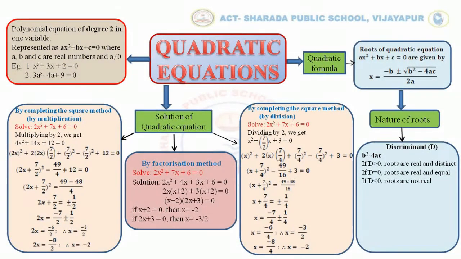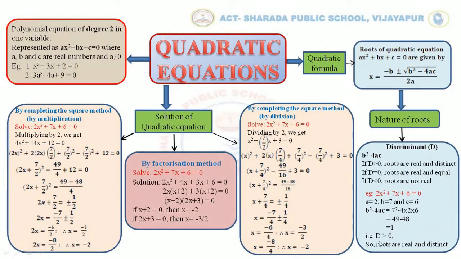We will take the same example, that is 2x square plus 7x plus 6 is equal to 0, and we will see what the value of the discriminant is. Here we can note that a is equal to 2, b is equal to 7, c is equal to 6. And when we replace the values of a, b, c and simplify, we get b square minus 4ac is equal to 1.